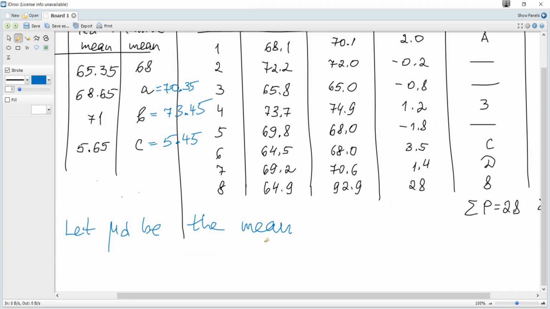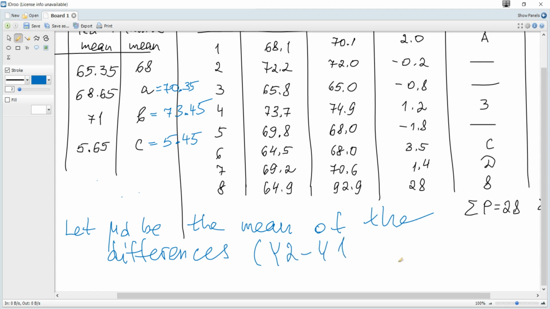and it's important to write it properly. Notice that you must write like this: let mu d be the mean of the differences, year 2 minus year 1, of the players' averages.